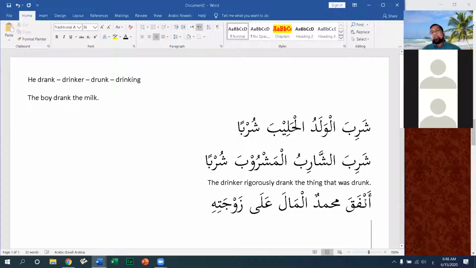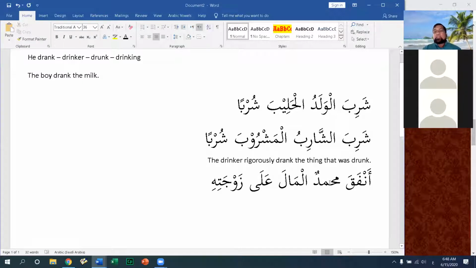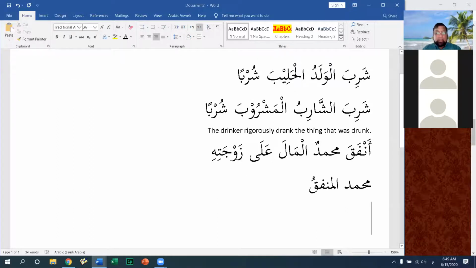So we would say أنفق الفعل, محمد الفاعل, المال المفعول به, and we'll say الزوجة أو زوجته المفعول عليها. When we use the word أنفق, we'll say محمد المنفق. Muhammad is the one who did the spending.